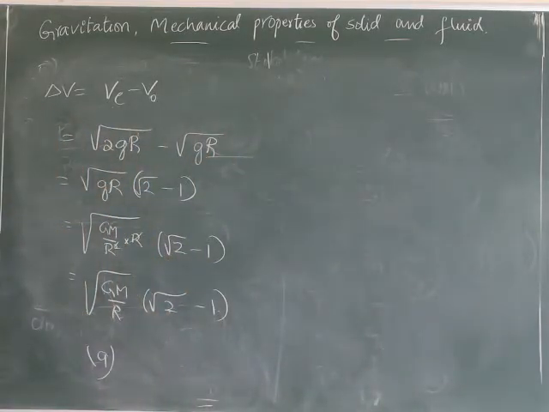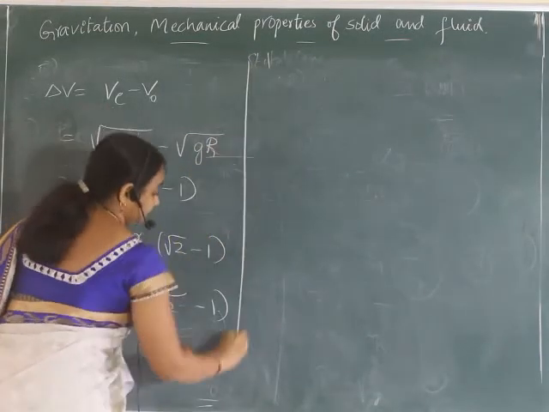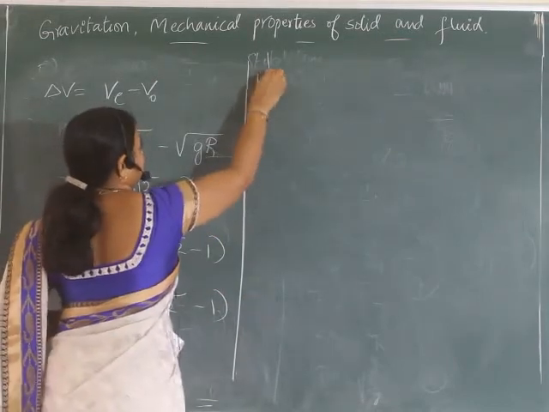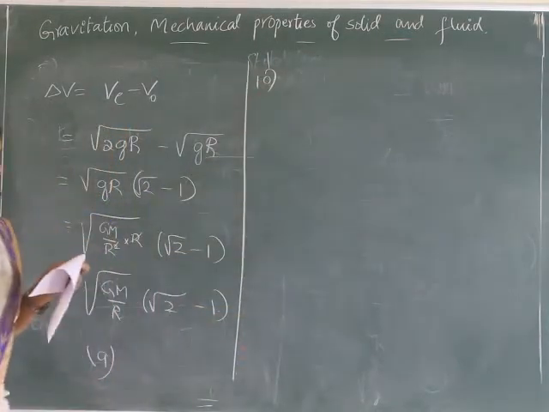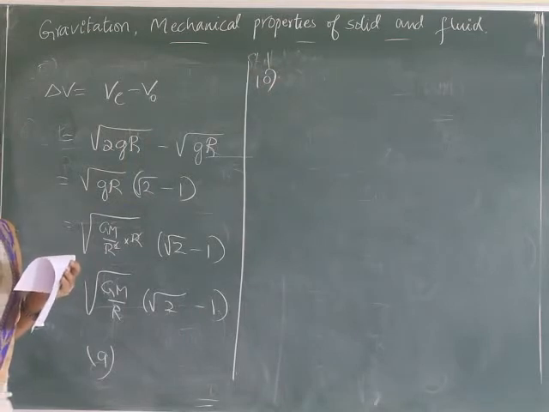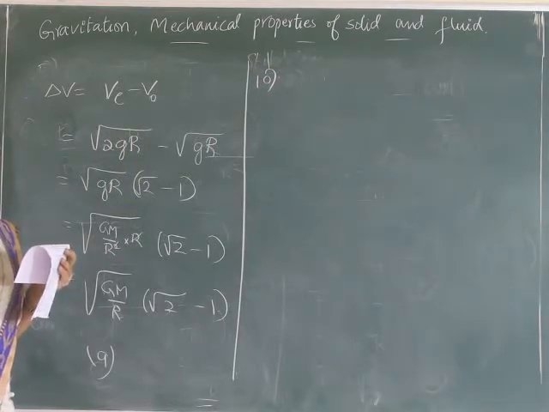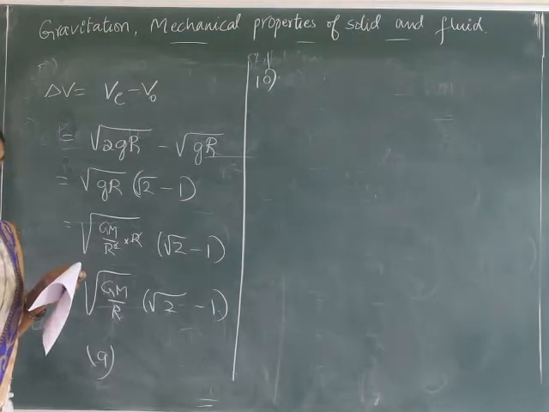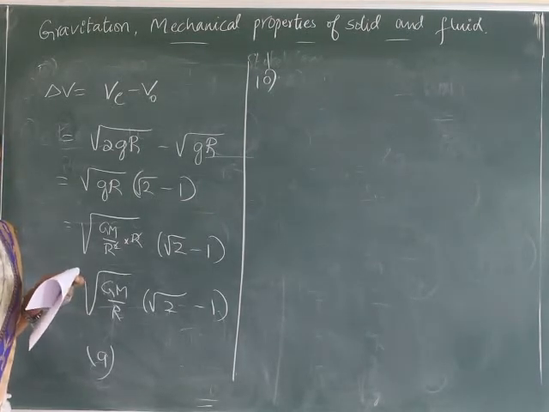What is the next formula we can use for solving it? At what altitude h above the Earth's surface would the acceleration due to gravity be 1/4 of its value at the Earth's surface?